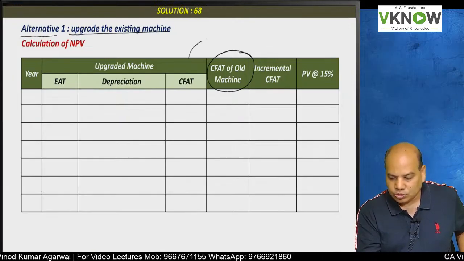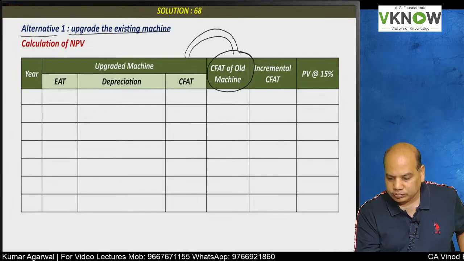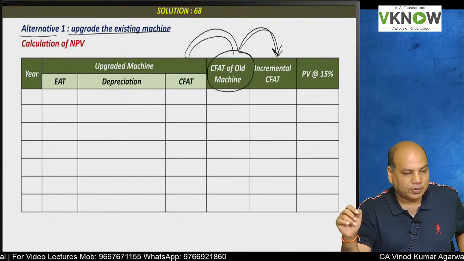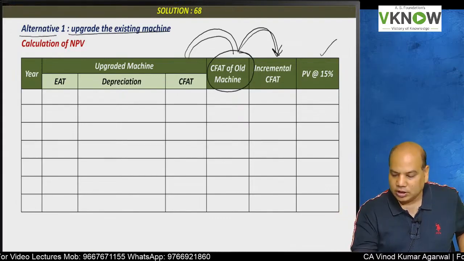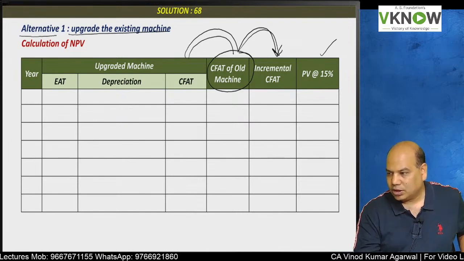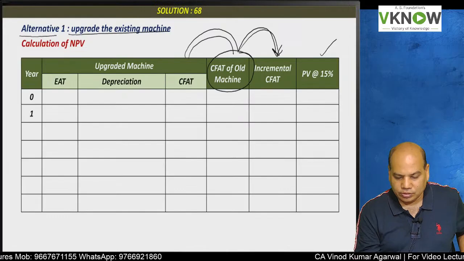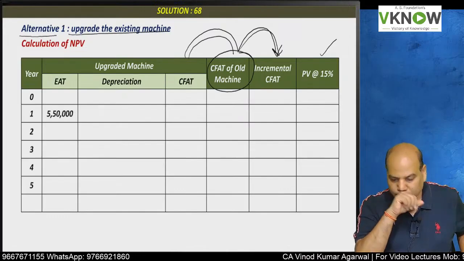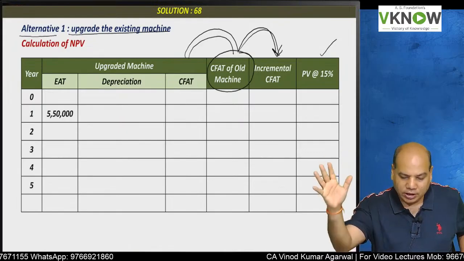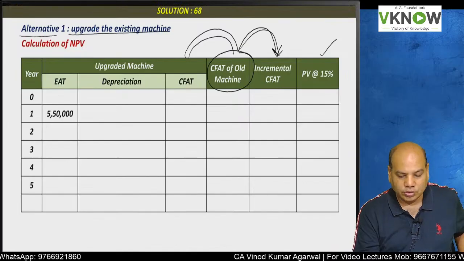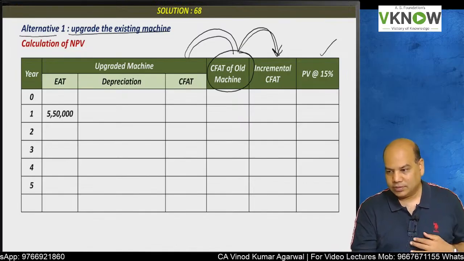The difference between these two columns is incremental CFAT, multiplied by the PV factor given in the problem, and you will directly get the PV. Start with year 0, 1, 2, 3, 4, 5. Year 0 I will write at the end only, investment, not now. Year 0 I will use later.